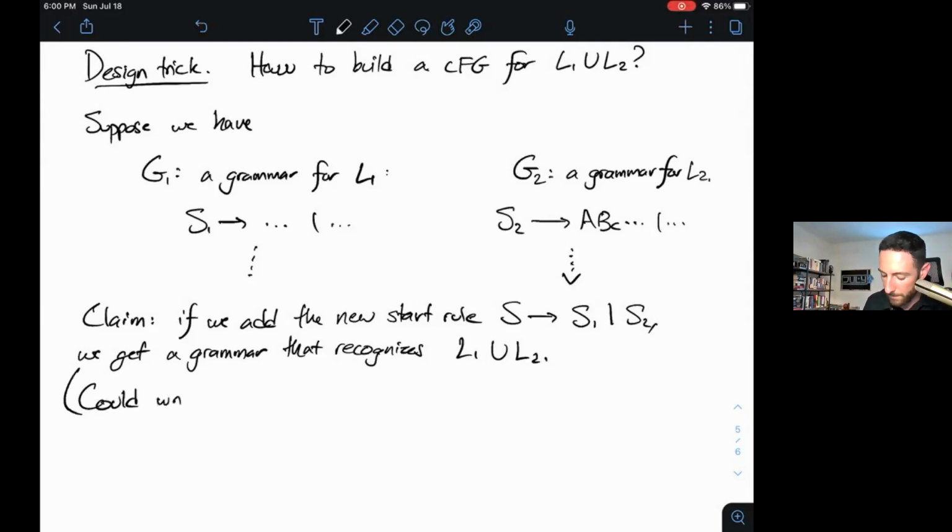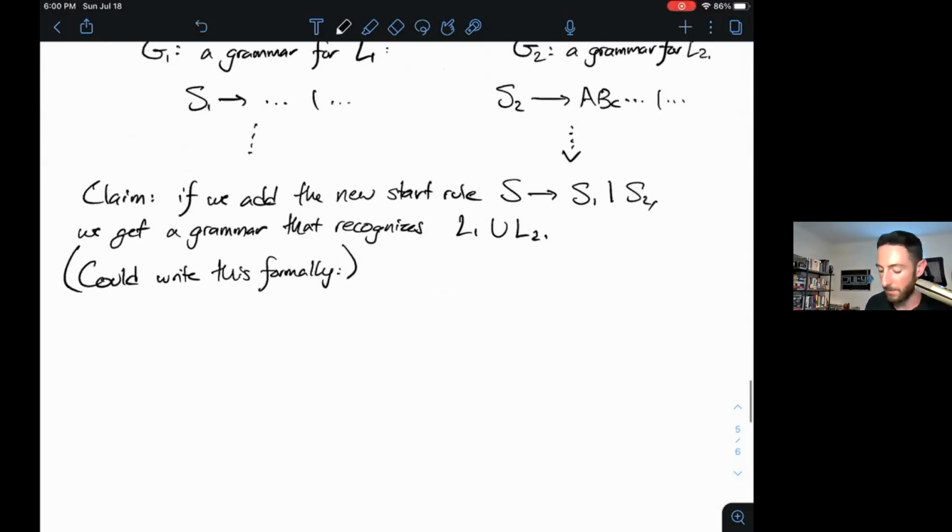So I could write this formally if I wanted to as a four-tuple.